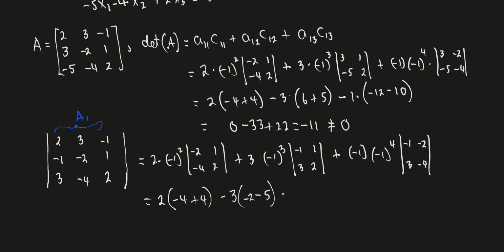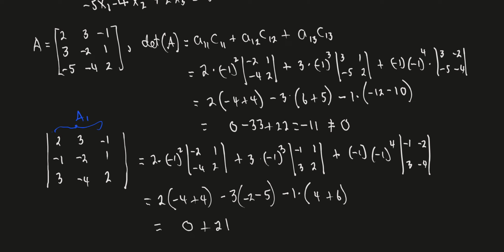And then this one is -1 times, and then we have 4 plus 6. Right? So let's see. So this one's 0. And we end up having, so this is -7, and then so this is a positive 21.